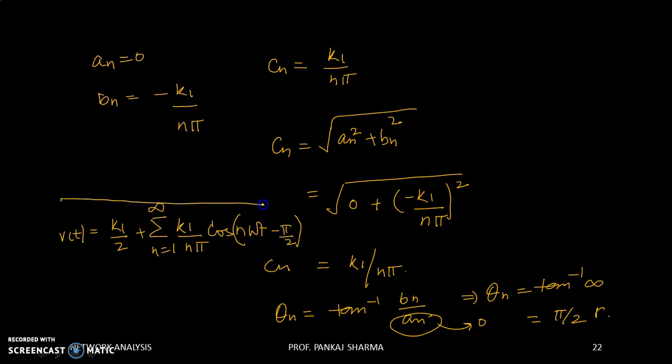This is your answer. The Fourier series in this term can be written like this. The line spectrum for the given waveform can be represented like this.